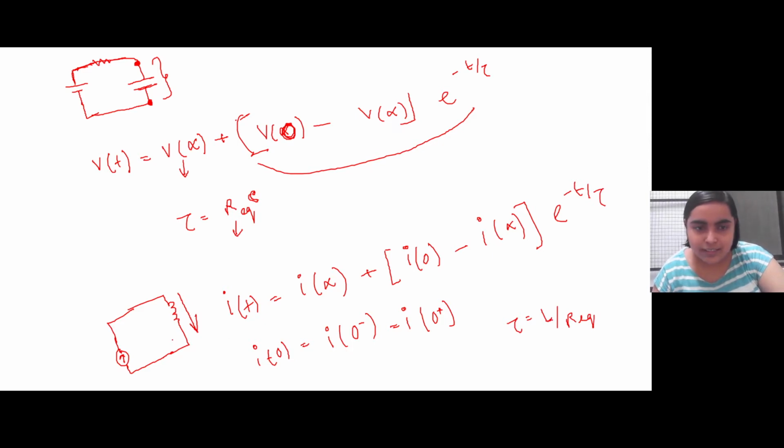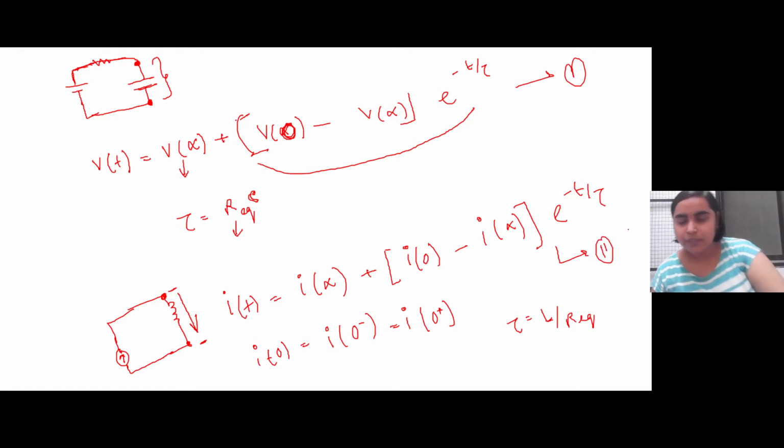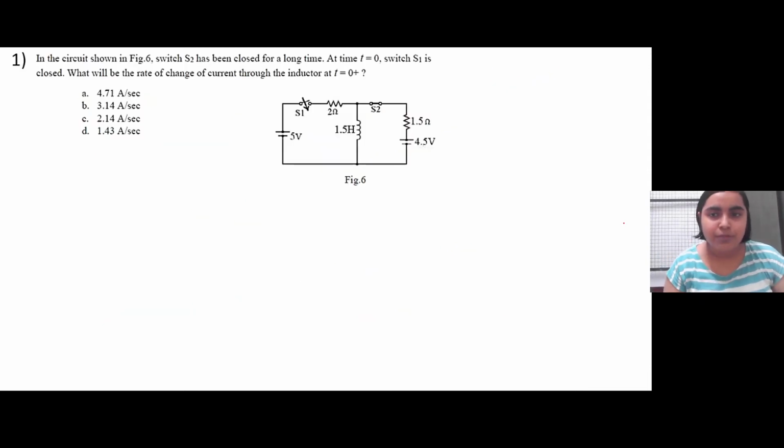L is the inductance value as we are seeing, and R equivalent is the Thevenin's equivalent resistance as seen from this particular terminal. So this equation and the previous equation will be mostly used in all the problems that we'll be solving today. Okay, let's look at the first problem.